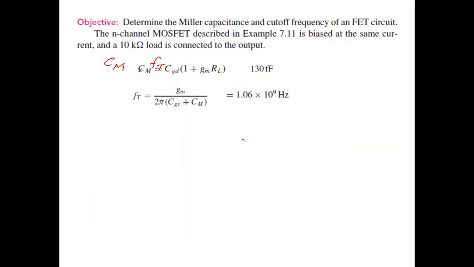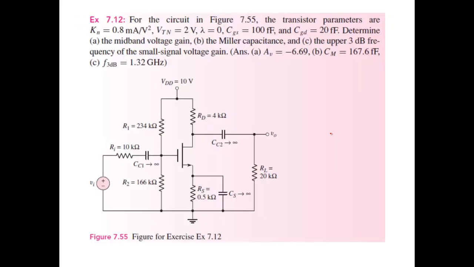Basically, I'll draw this for you here. That's your small signal model of your MOSFET. At the output side, you need to open circuit this one, because we are going to do high frequency analysis, since you are finding your CM, so obviously we need the high frequency MOSFET model only. That means the output is short.